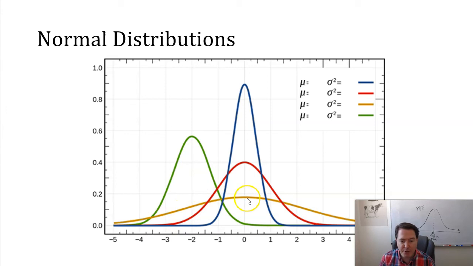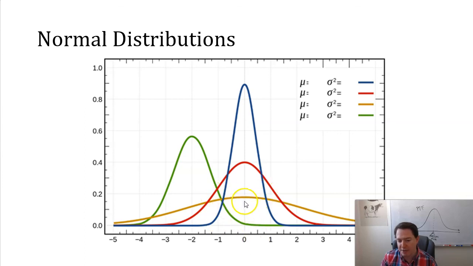Now which one would have the smallest standard deviation? Well, the smallest standard deviation means it's the least spread out. That's this tallest curve, this blue one here. That would be the narrowest curve and therefore the smallest standard deviation.